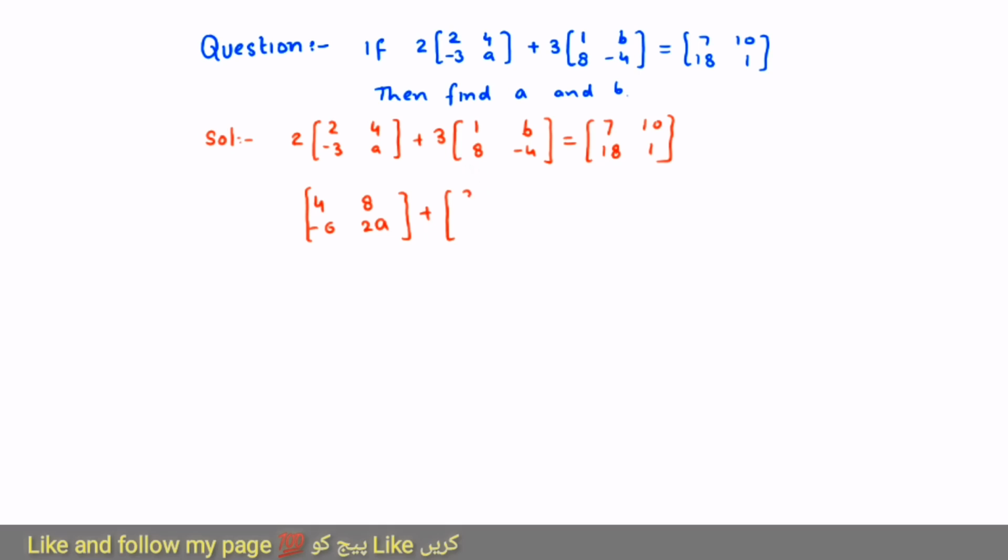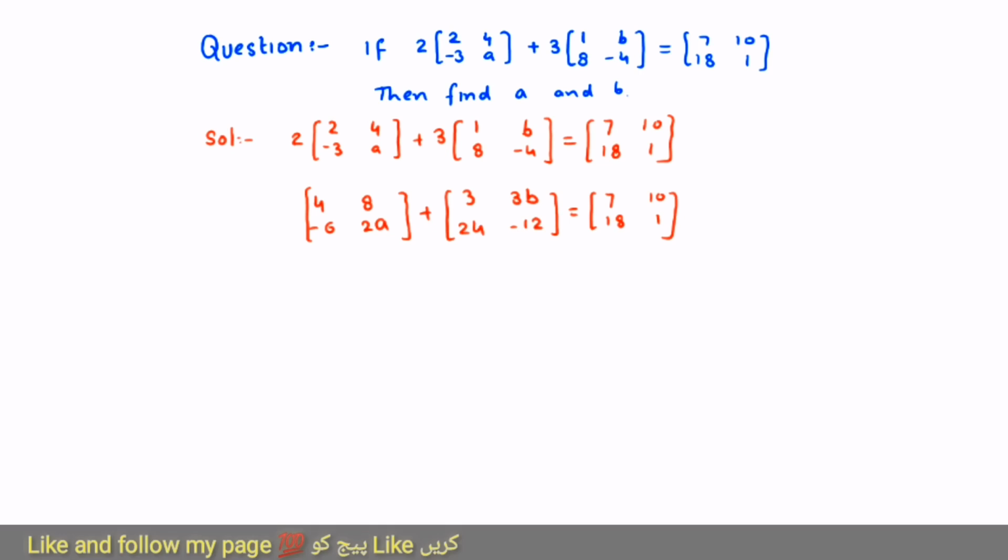So we will get 3B, 24 and minus 12, which will be equal to 7 10 18 and 1.